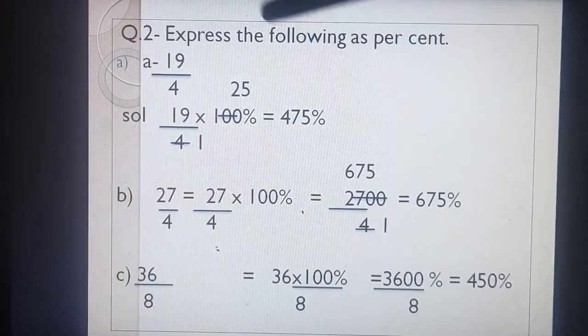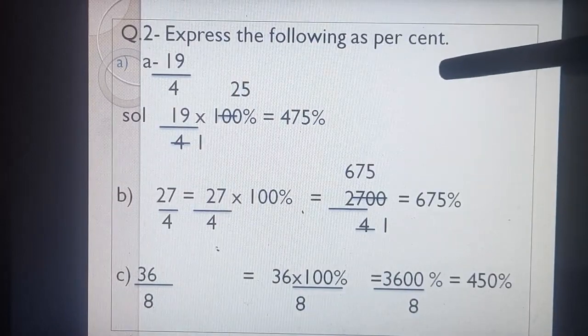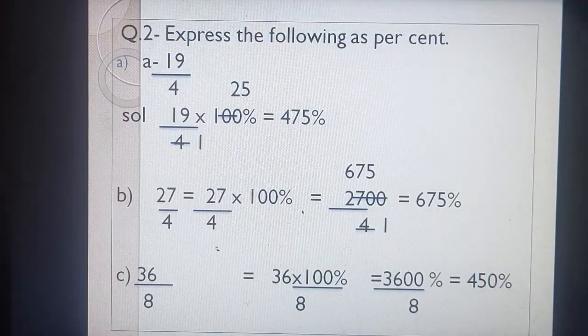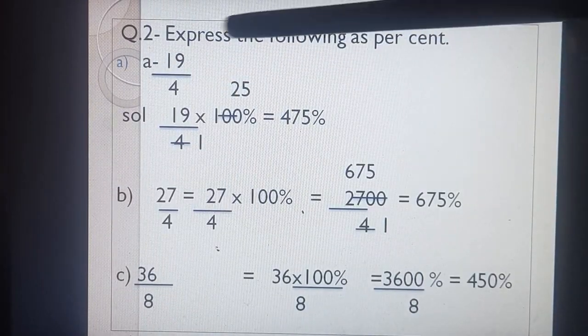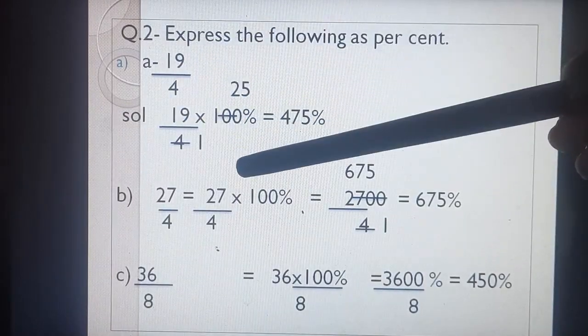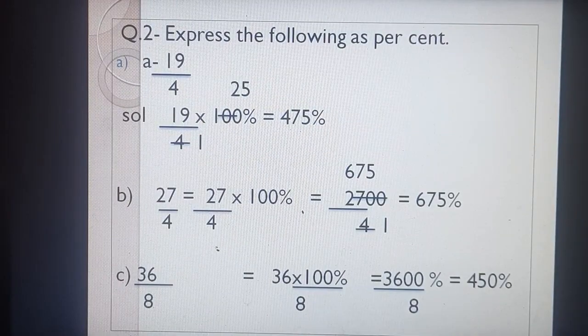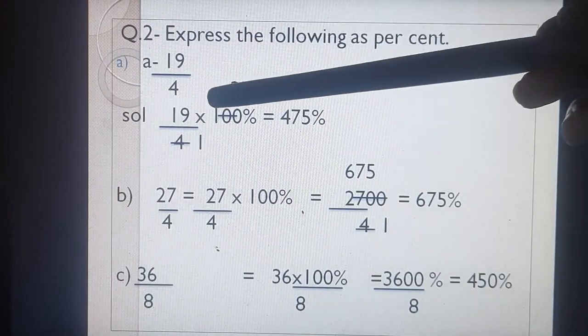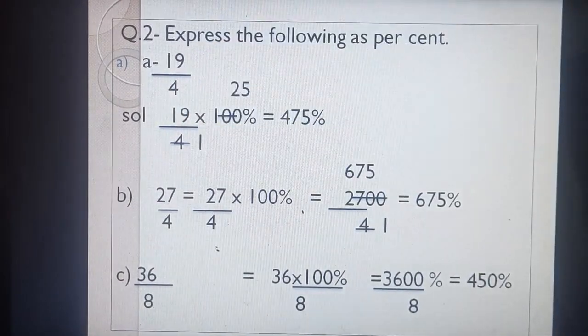Question number 2. Express the following as percent. A part 19 upon 4. 19 upon 4 multiply by 100 upon 100. What we have done? We have multiplied numerator with 100 and denominator also with 100.